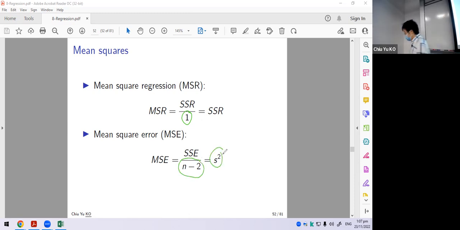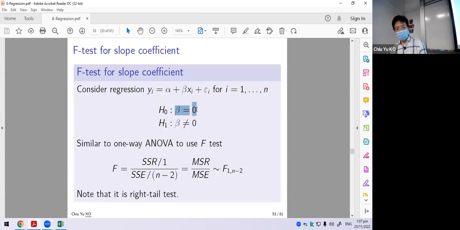So here we have 2 ways to measure sigma square, and they are comparing sigma square. Under the null hypothesis they are equal. Then this is just an F test with 1 and n minus 2 degrees of freedom.